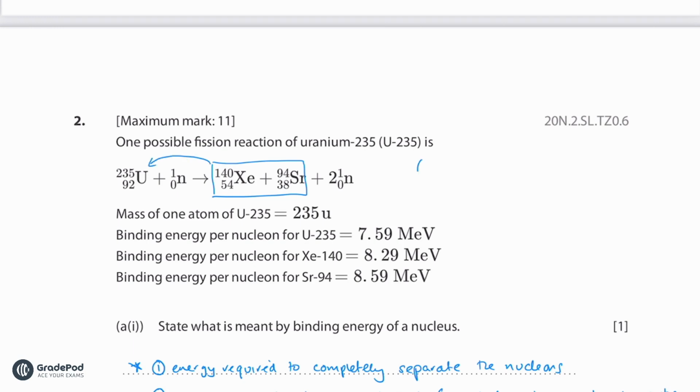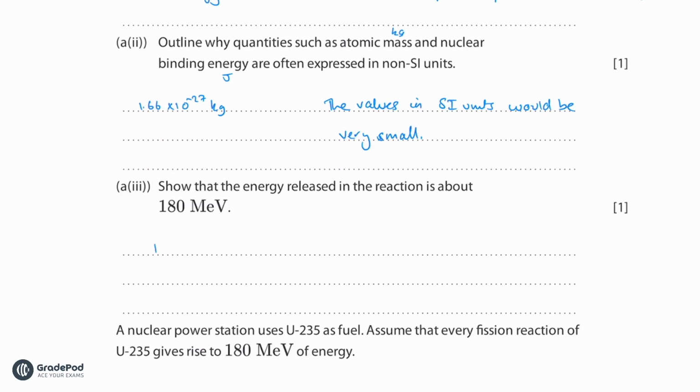So let's do it. 140 times 8.29 mega-electron volts plus 94 times 8.59 minus 235 times 7.59. It gives us an answer of 184 mega-electron volts. Let's take that down. 184 mega-electron volts is equivalent to or nearly 180 mega-electron volts.